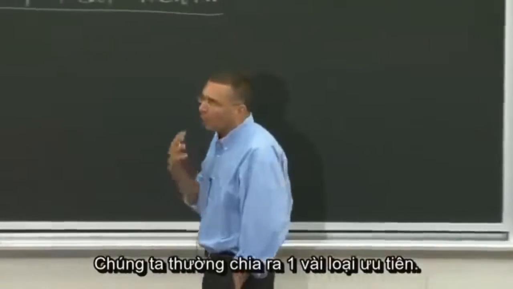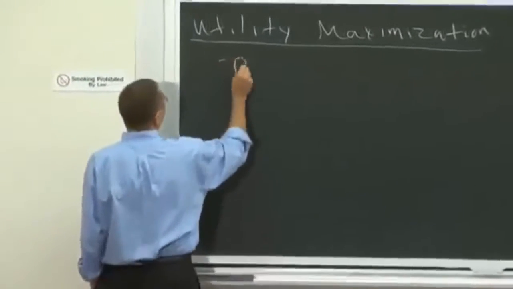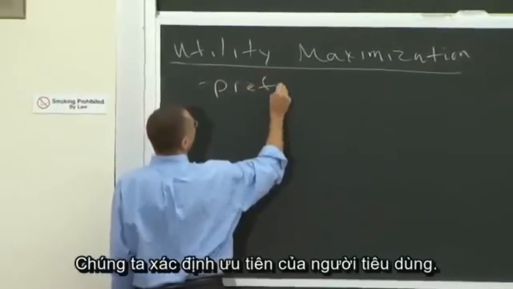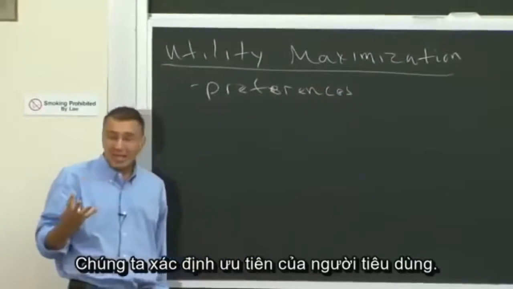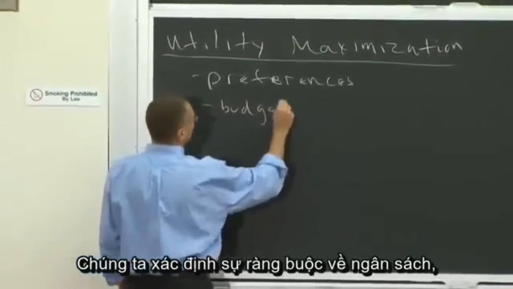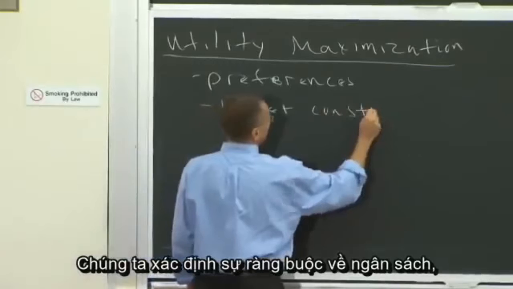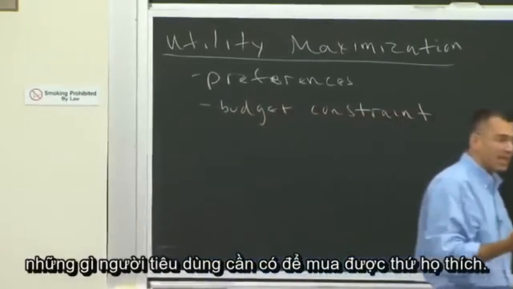But basically, an overview is we posit some type of preferences. We posit consumer preferences, what consumers would like. We posit some budget constraint, what resources consumers have to get what they'd like.